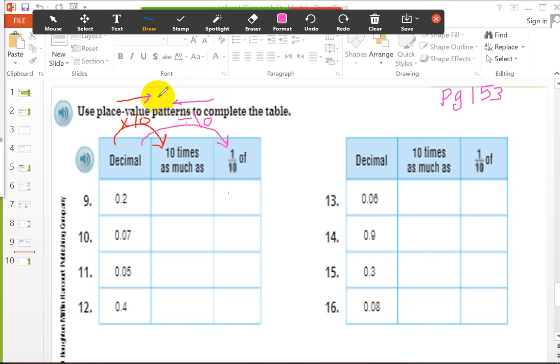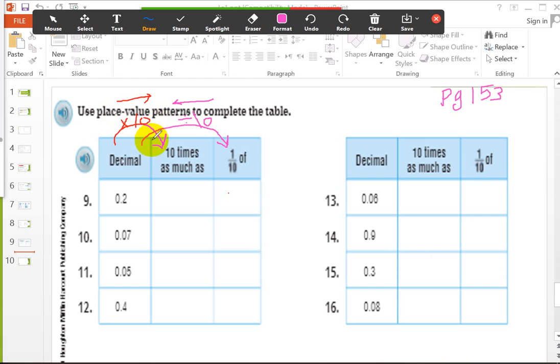Okay? Larissa, solve with me the first one. 0.2 tenths. If I want to find the number that is 10 times as much as, I have to multiply the number with 10.